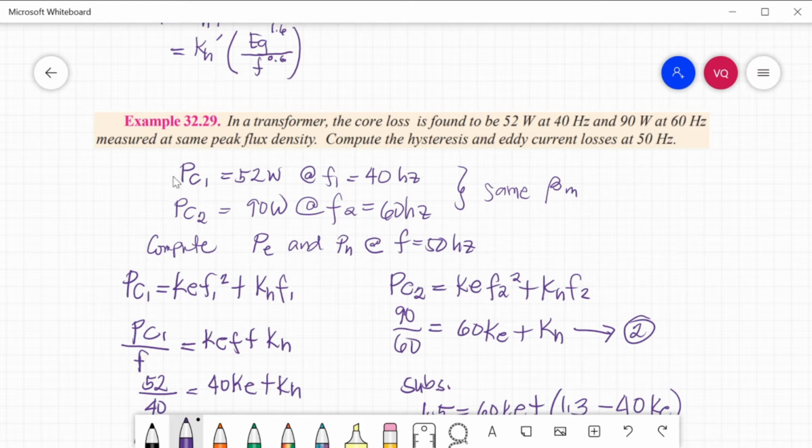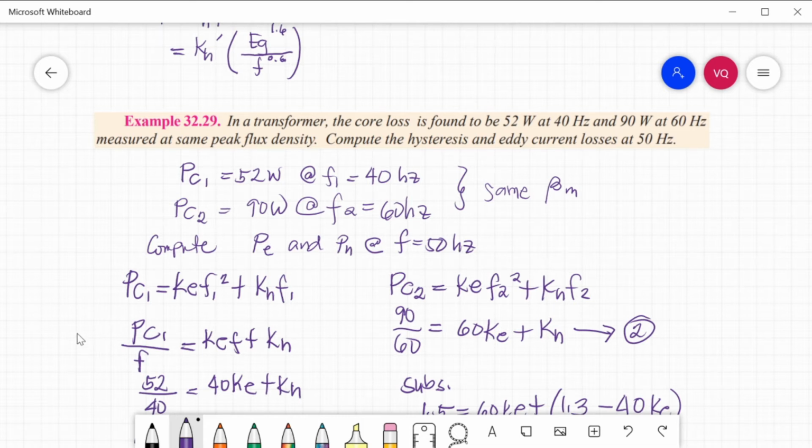So we have core loss PC1 equal to 52 watts at frequency F1 equal to 40 Hz, and PC2 equal to 90 watts at F2 equal to 60 Hz. These two core losses have the same flux density. Compute the eddy current power loss and hysteresis loss at frequency equal to 50 Hz.